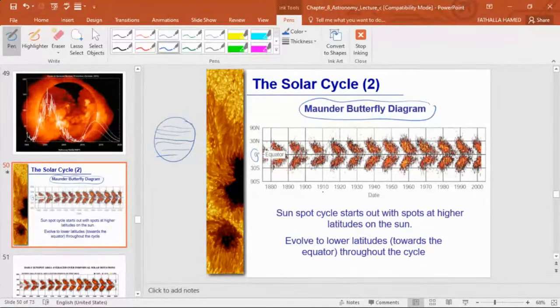So we're basically going as a function of latitude, and that's what he basically found. So sunspots start out with the spots at higher latitudes on the sun and evolve to lower latitudes toward the equator throughout the cycle. And that's what Maunder basically found out.